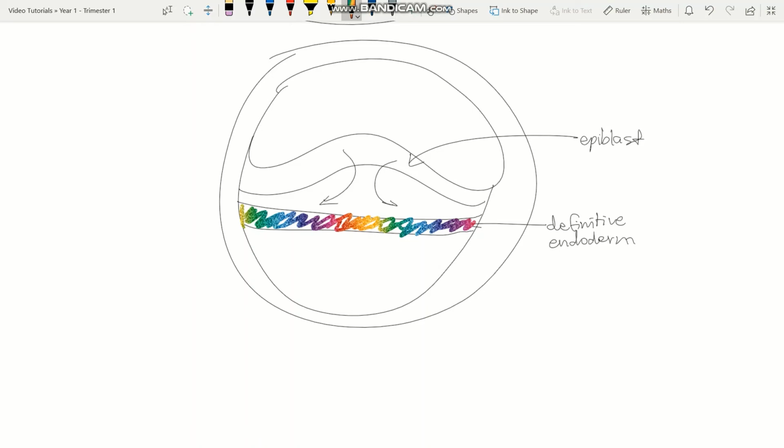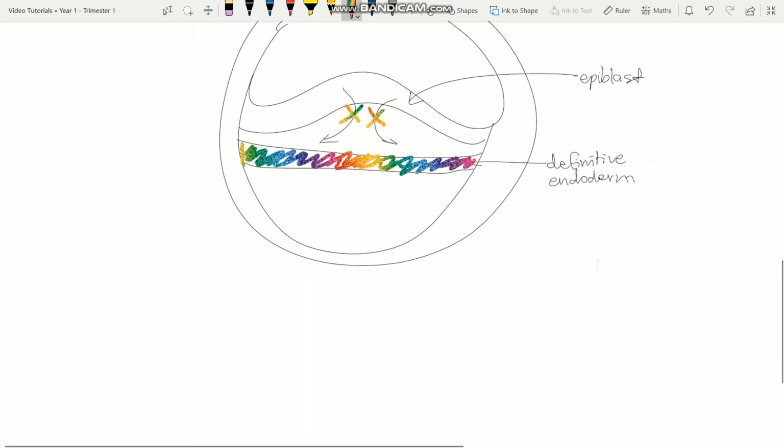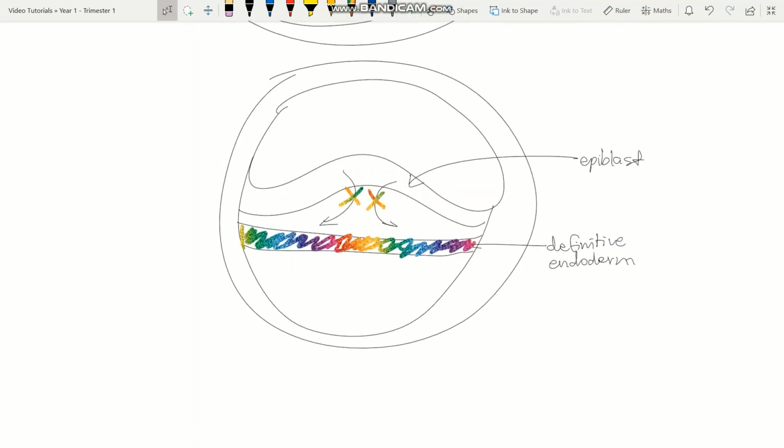So essentially, these processes stop occurring and cells no longer move into this area. Instead, the cells that have already moved into this area and are simply unable to move back into the epiblast form a new germ layer. This germ layer is called the mesoderm.